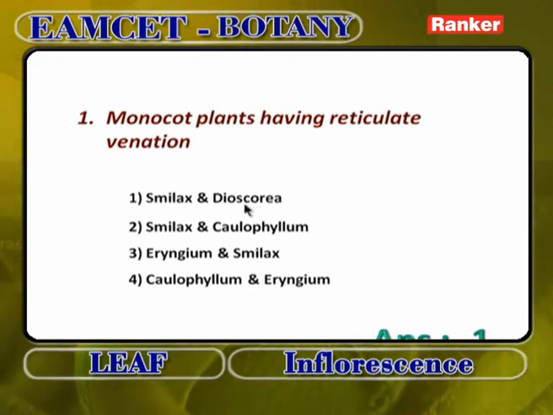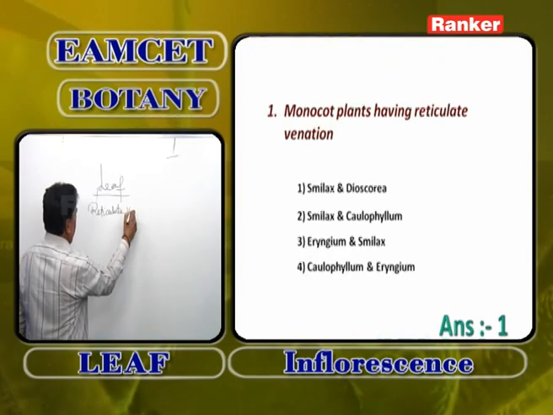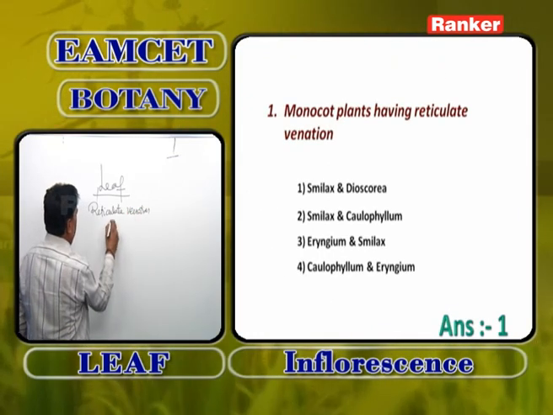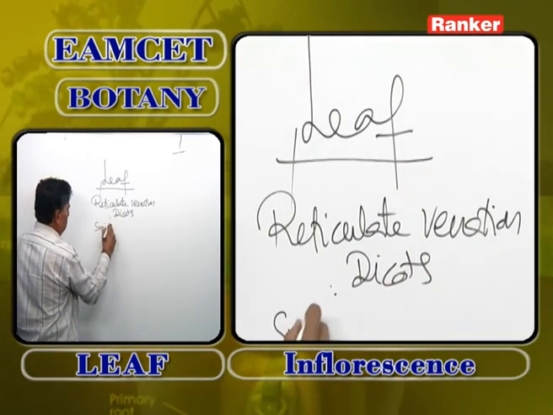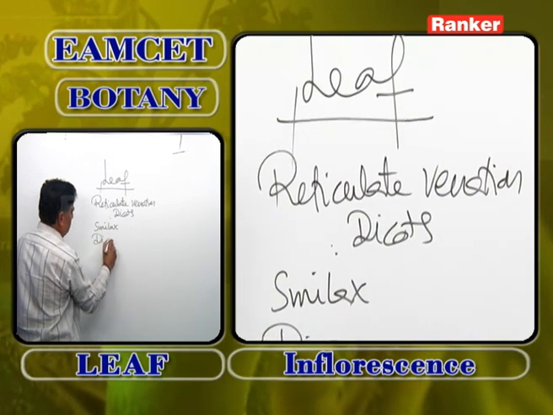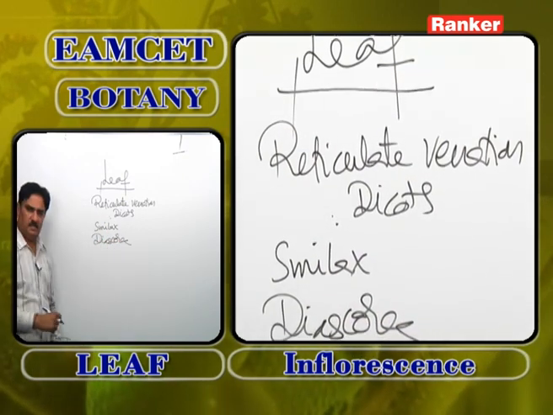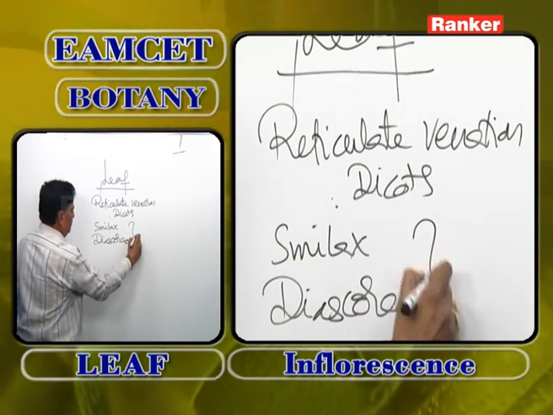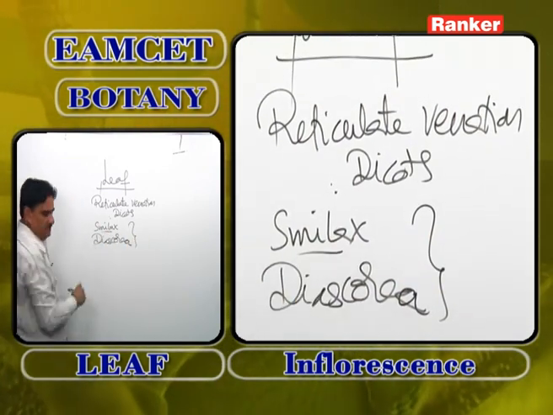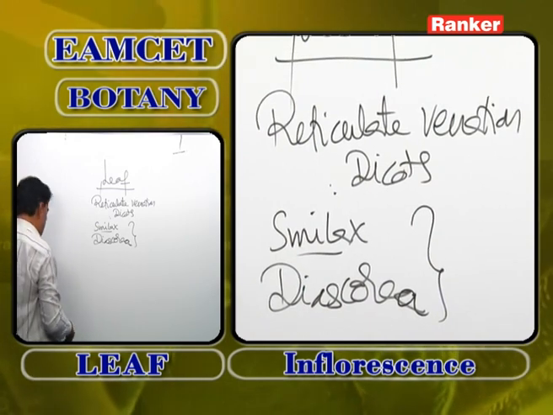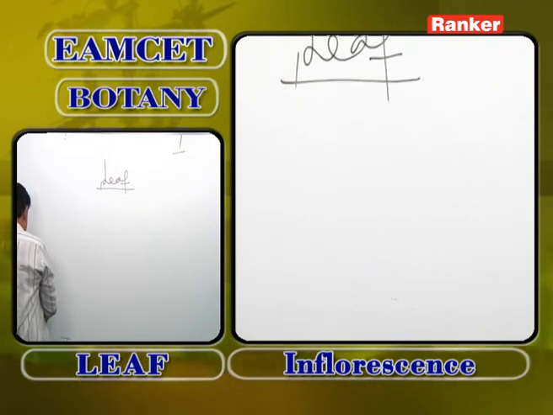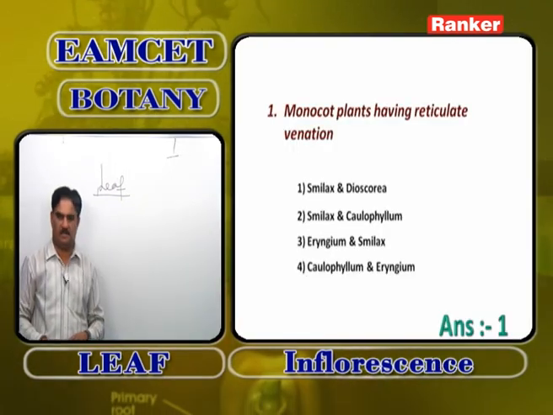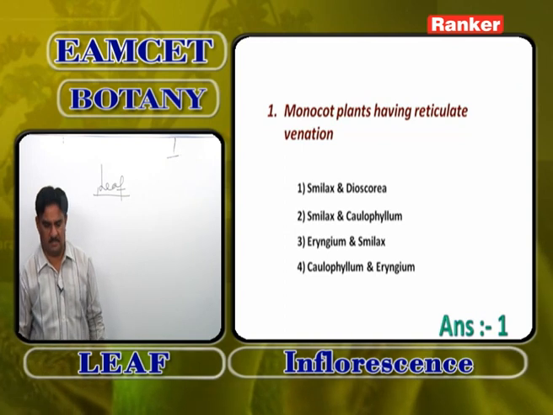Normally, reticulate venation is found in dicots, but there are some exceptions like Smilax and Dioscorea. These two are monocots with reticulate venation. So, this is an important bit.